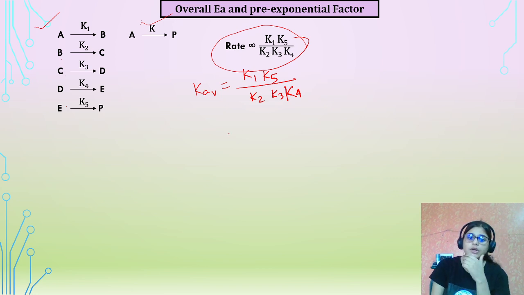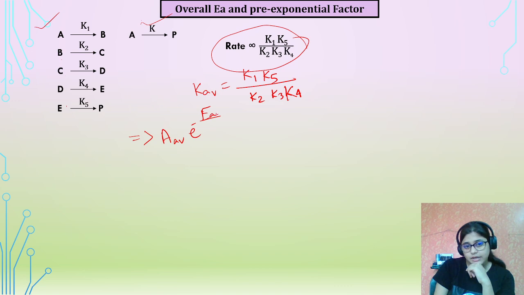Now what we can do is put in the values of the rate constants from the Arrhenius equation. It will be A average e to the power minus E A average by RT, equal to, if we put in all the values, a very big expression.